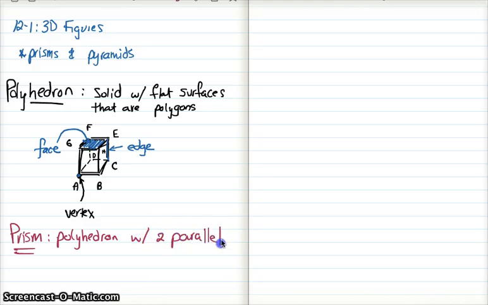That means they do not intersect. Congruent, which means they're the same. Faces called bases that are polygons.